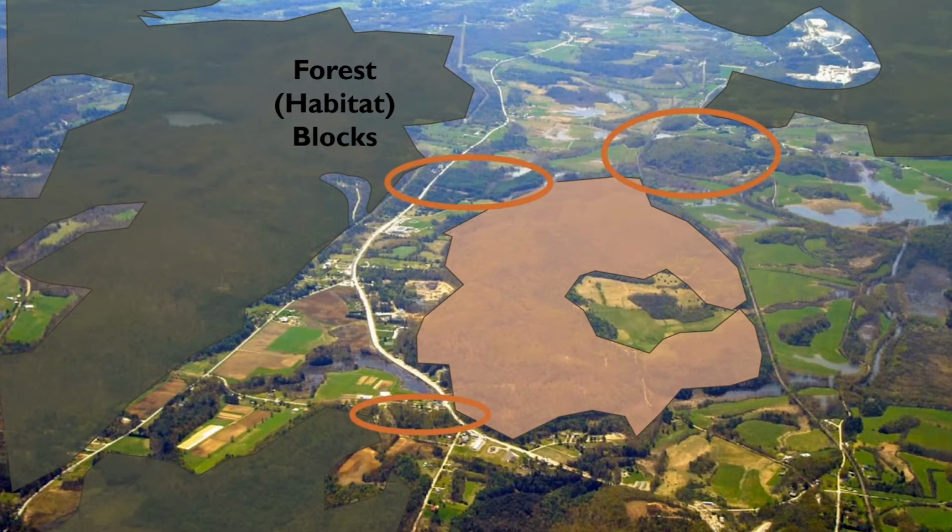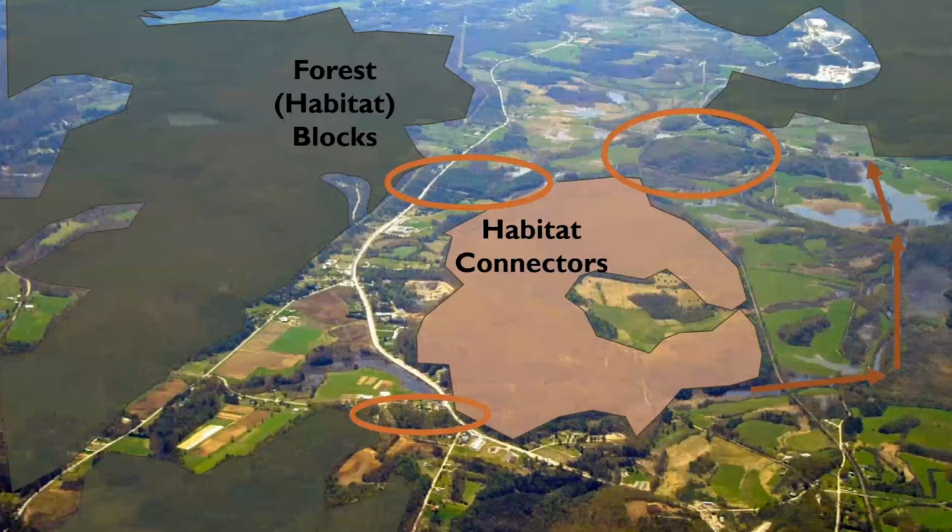And these three areas here, again, these are smaller, less ecologically functional by themselves, but those are our stepping stones that get you from the larger blocks to the medium-sized blocks back to the larger blocks. And we call these areas habitat connectors. So for a lot of communities, the reality is you'll probably have forest habitat blocks on the periphery of your community, and what's left within the town is really a connector.